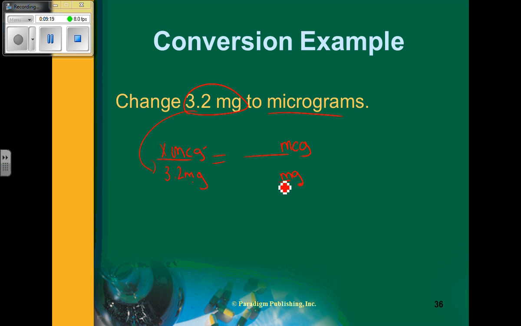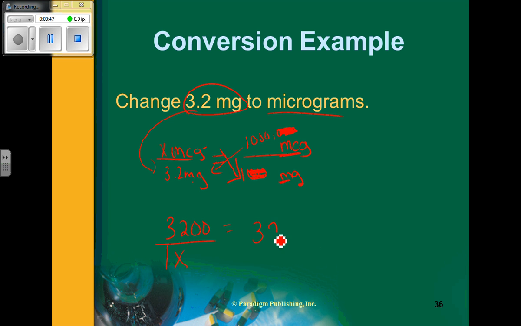So milli means 1,000. Remember, micro means 1,000,000. Okay, simplify it. If you have 3 zeros here, you could take away 3 zeros here. So then you cross multiply. X times 1 would be 1X. 1,000 times 3.2 would be 3,200.